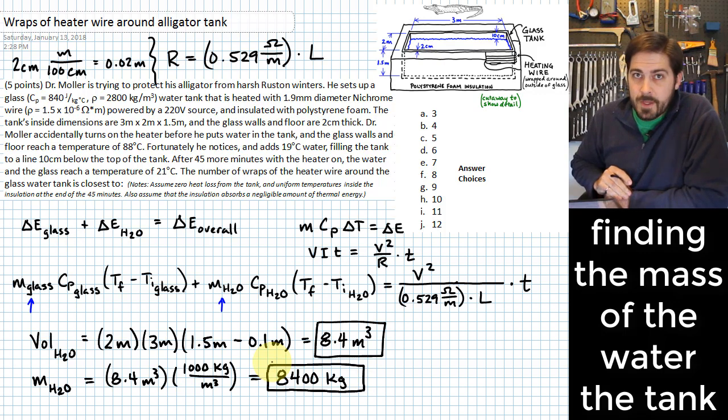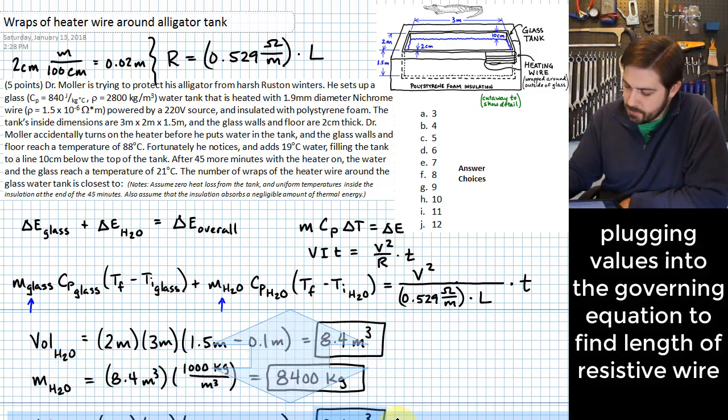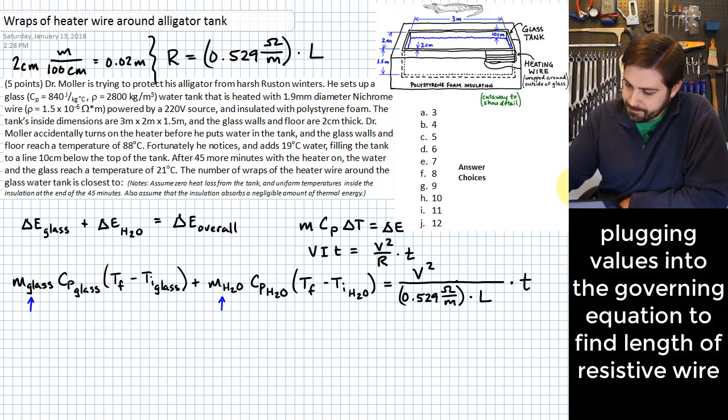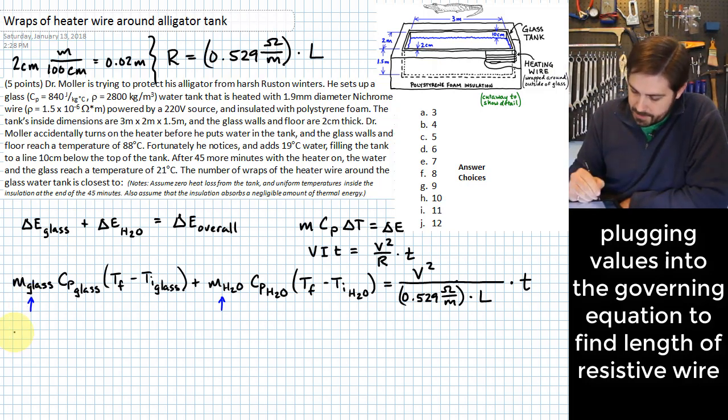All right, so those were a couple of the toughest things that we had to find, and we are now done with them. So let's actually get back to our main equation that we started with. Okay, we can plug in now the mass of the glass, which was 1194 kilograms.